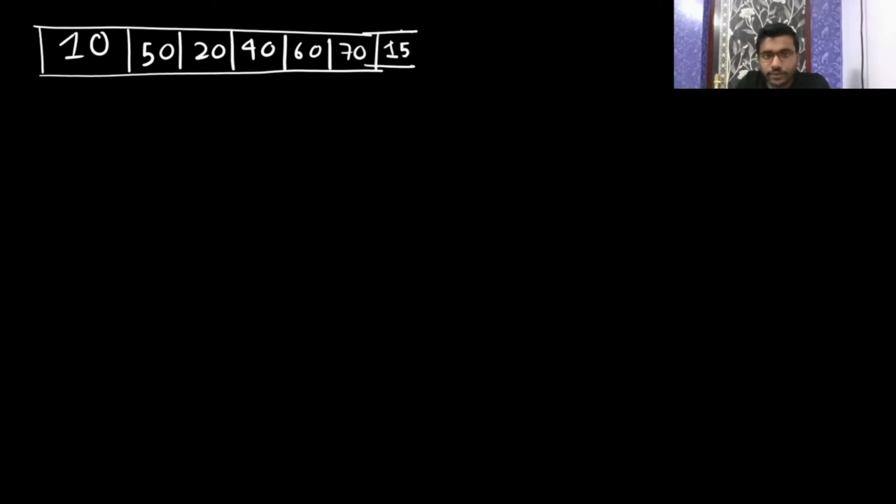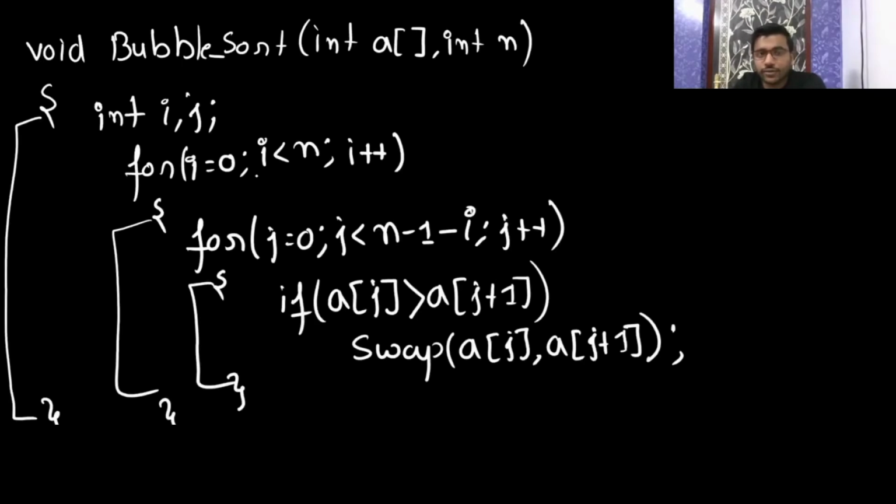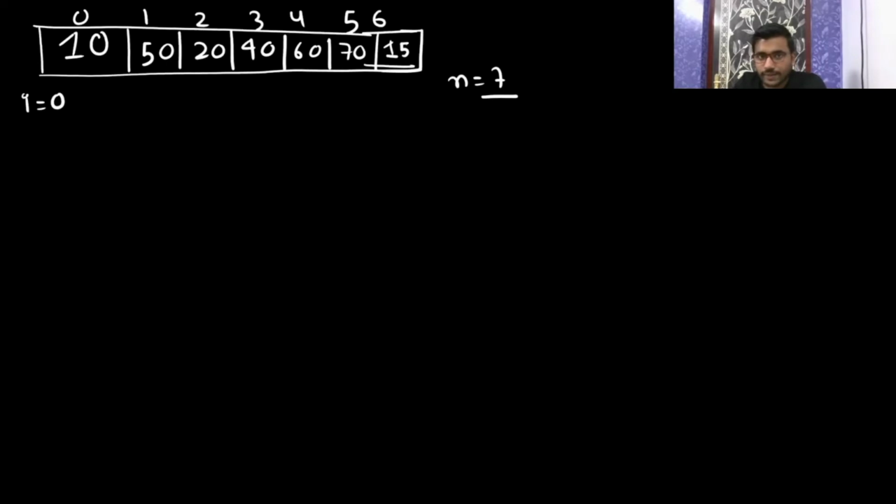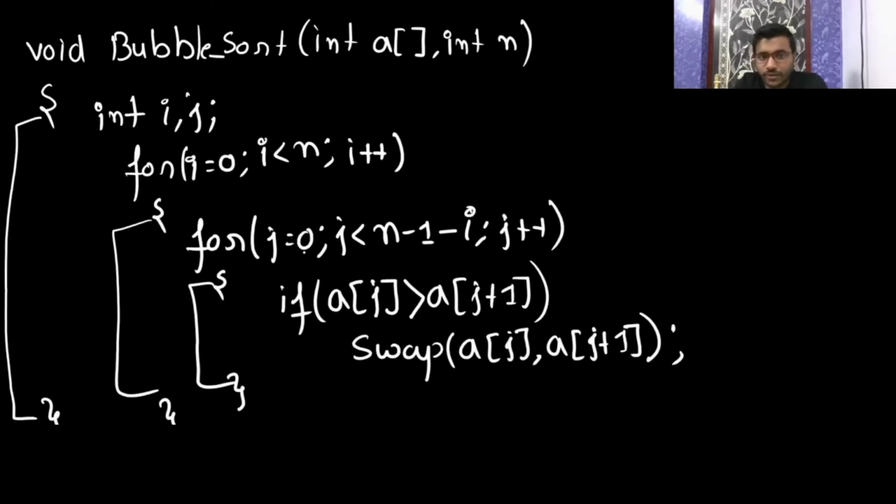Sorry, 50. Now in step 1, i is equal to 0. Indices 0, 1, 2, 3, 4, 5, 6, so in total you have 7 elements. i is 0, and 0 is smaller than 7. Yes, smaller. Now j is equal to 0.